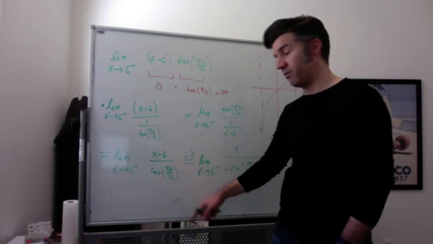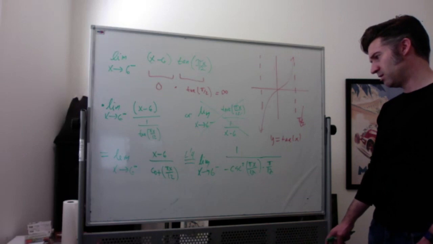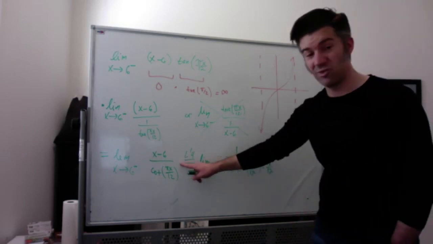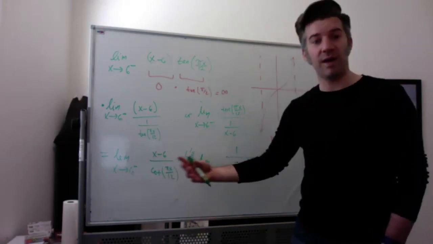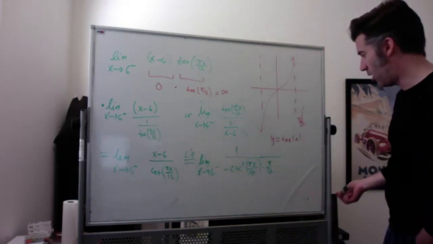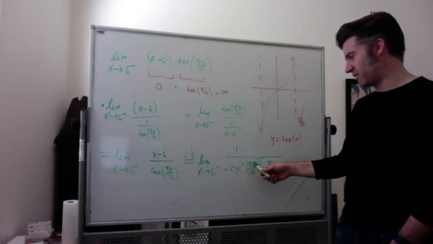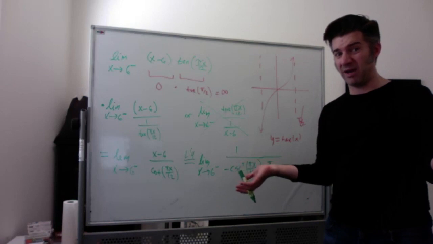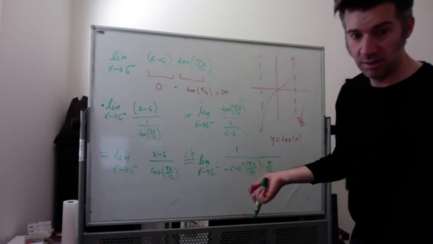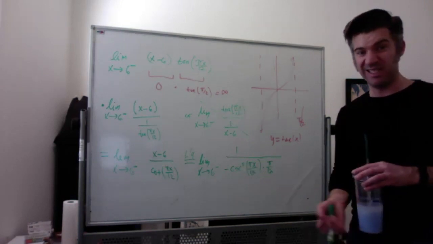Cotangent of 6 pi over 12 is cotangent of pi over 2, which is 0. If I plug in 6 here, I have to deal with cosecant of 6 pi over 12, which is cosecant of pi over 2. Anybody know what cosecant of pi over 2 is? Well, it would be problematic if it was 0. Is it 0?